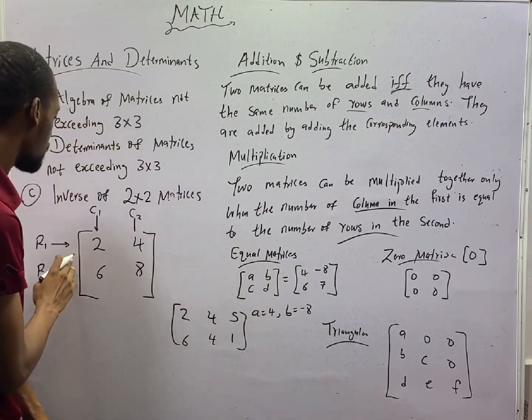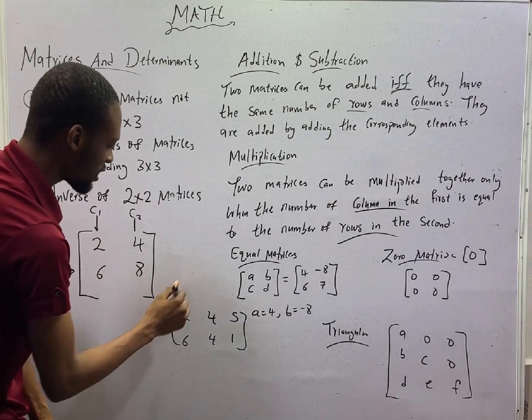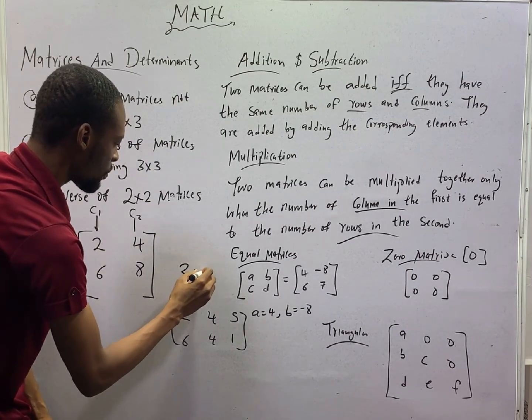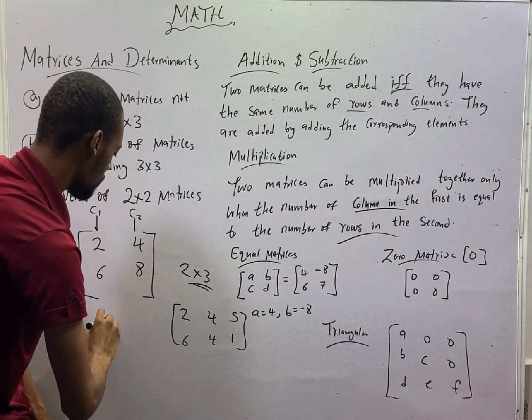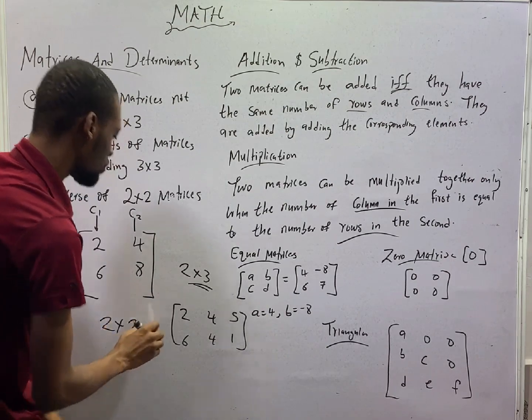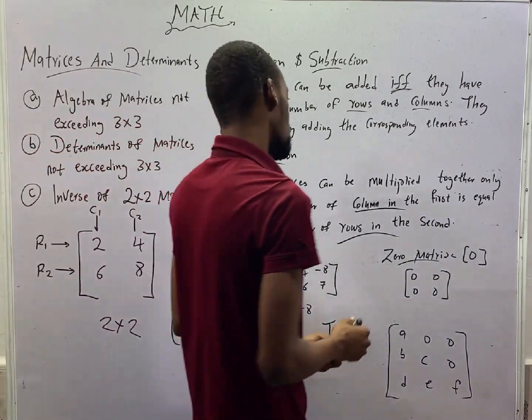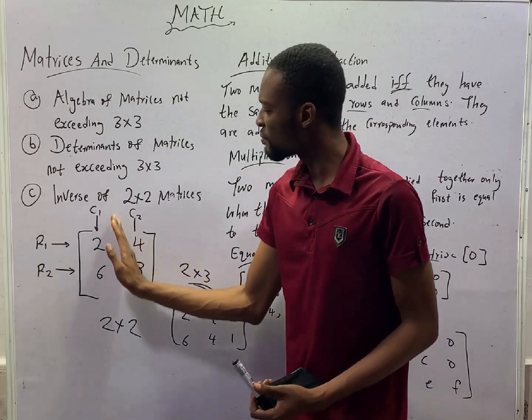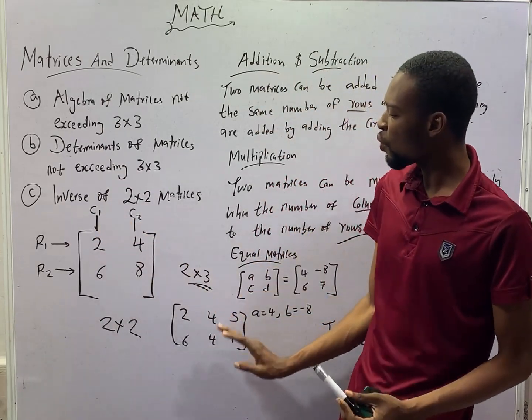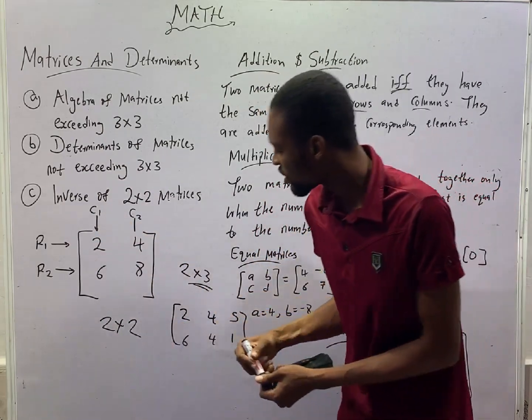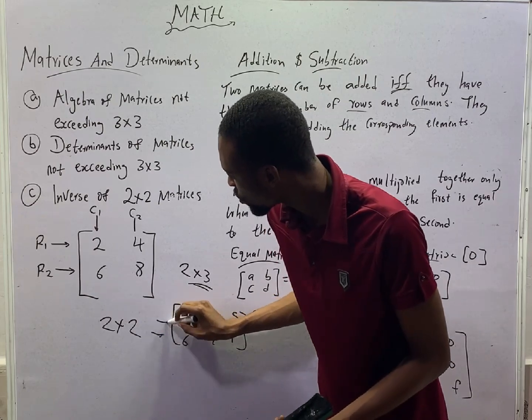This is a 2 by 2 matrix, while this is a 2 by 3 matrix. You notice that the number of columns in this matrix, 2, is equal to the number of rows in this matrix. This has 2 rows.